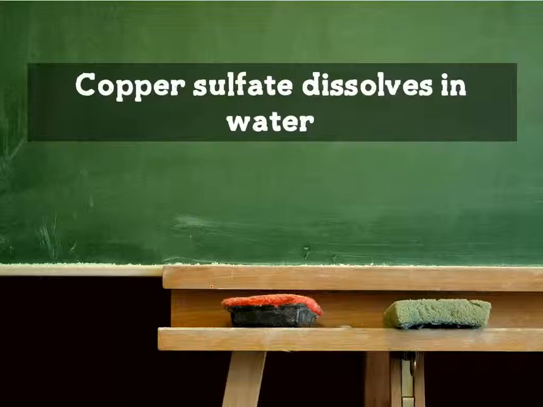Copper sulfate dissolves in water. That's actually still physical because if I were to evaporate the water, I can separate these things by physical means. If I were to evaporate the water, the copper sulfate would be left behind in its original form, so no chemical change has occurred.